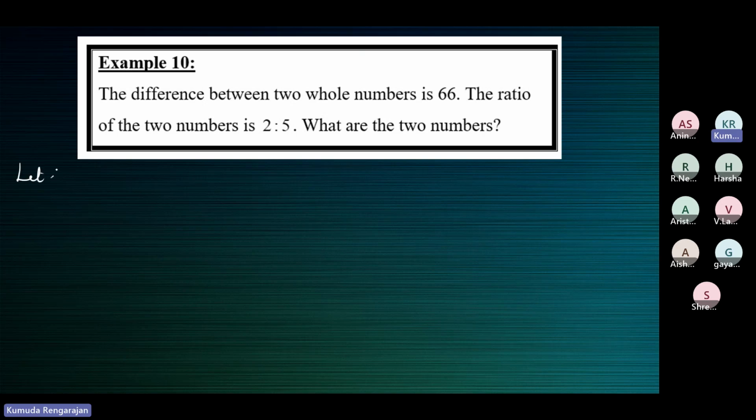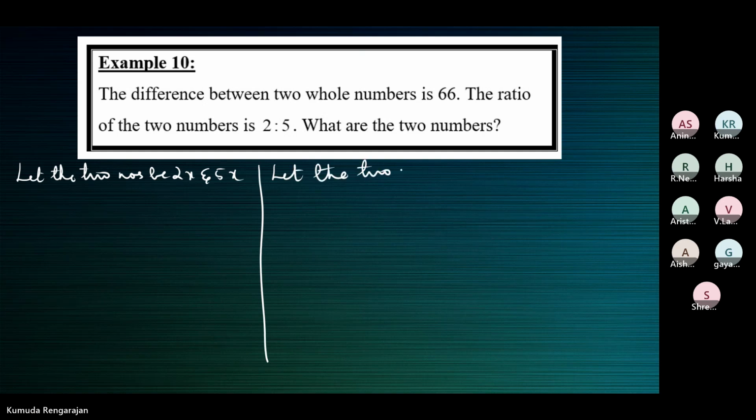So see, let the two numbers be 2x and 5x. Now the difference between the numbers is equal to 66.